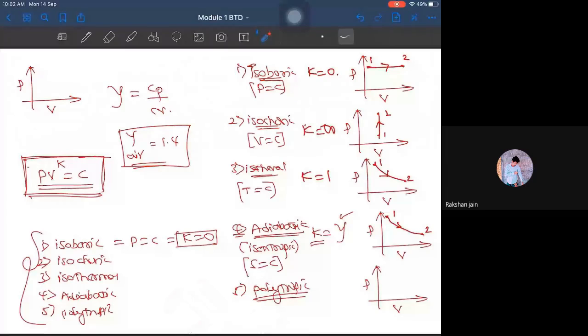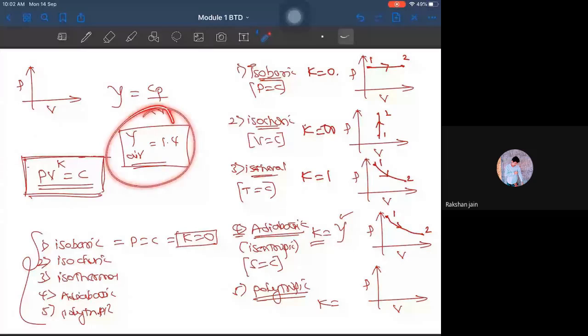Now, what will be the value of K for these? If the value of K is 0, then I will call it an isobaric process. For an isochoric process, the value of K is infinite. For an isothermal process, the value of K is 1. And for an adiabatic process, the value of K is exactly equal to the ratio of specific heats.